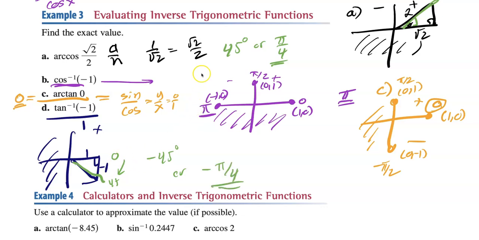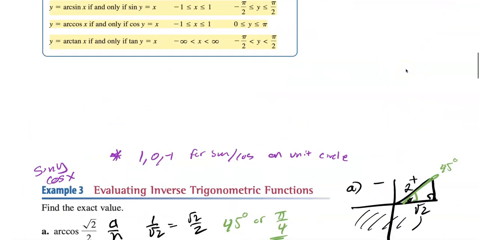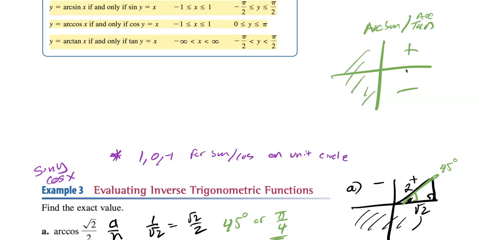So that's the idea of how you do inverse trig functions by hand. If it's sine or tan, you're going to do the picture that looks like this: arcsine or arctan, plus minus, 0 to pi over 2 to negative pi over 2.